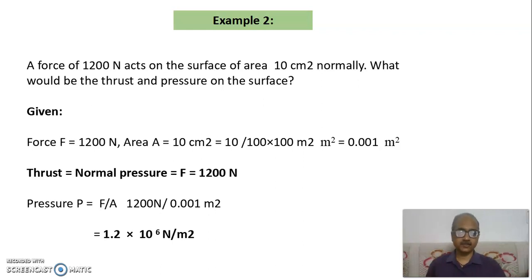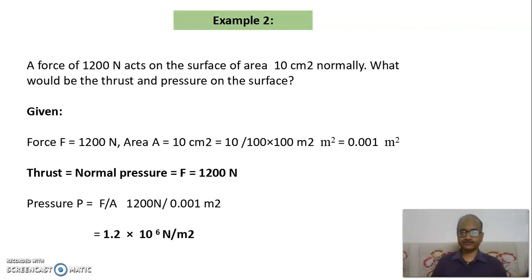Normally means that the force is acting in a perpendicular direction, top to bottom, on a surface. The angle between the surface and the force is 90 degrees, then it is called normally, falling perpendicular.